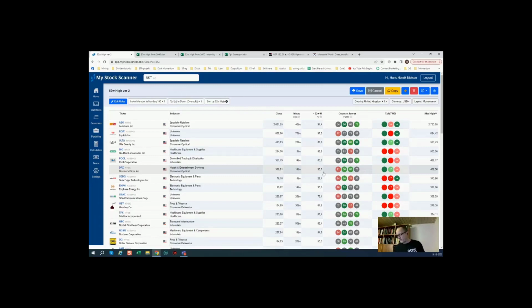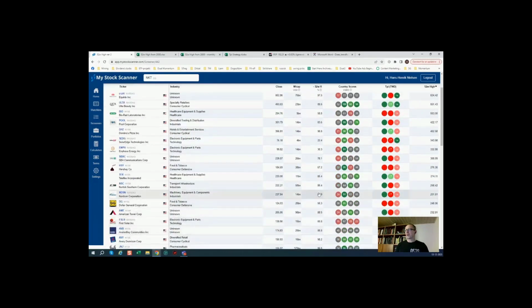Let's say it was for November. Then you would have done it on Thursday, the 30th of November at night, when all the data here has been updated. Then you get a list that is in TPI daily, in oversold accumulation, and you choose the 20 stocks that are closest to their 52-week high.